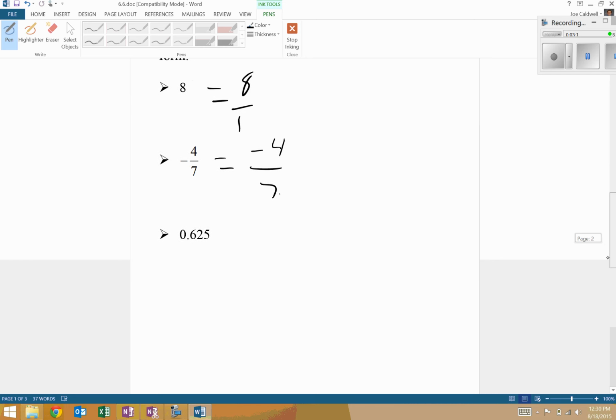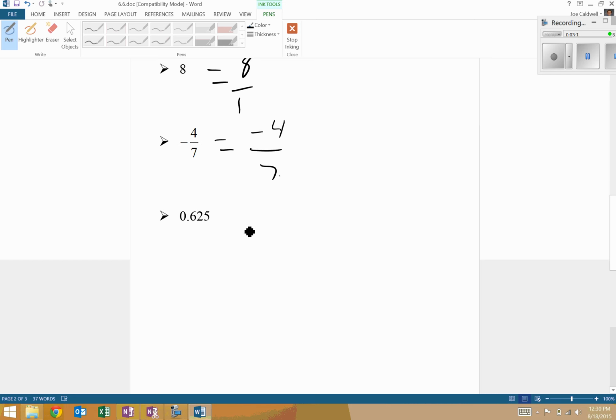Now, 0.625. Let's remember how to write things as a fraction. Remember, take the last place value. It's the thousandths. That's going to be your denominator, and then we need to, of course, always reduce. I'm going to try 25 here. 625 divided by 25 is 25.